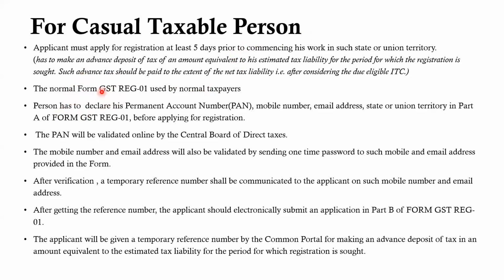The form available for the casual taxable person is the same one used by the normal taxpayer, that is GST REG-01. Next, the person will have to declare his permanent account number.